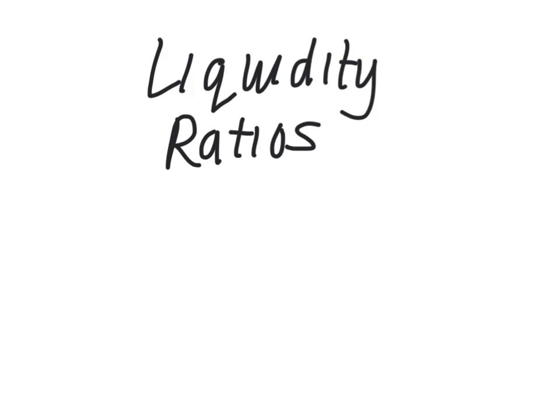Liquidity ratios are another type of ratio, and they are important to determine a company's ability to pay off its short-term debt obligations. So when you and I took that $15, we borrowed it from someone, we were making a promise to pay it back with interest.